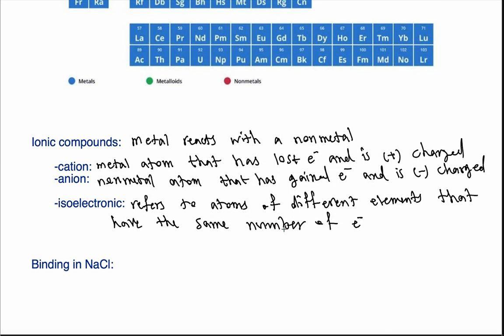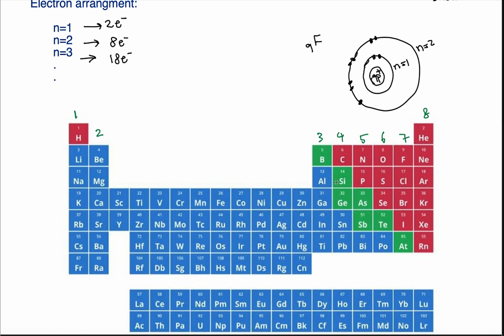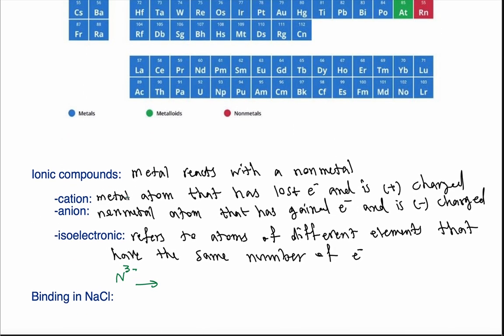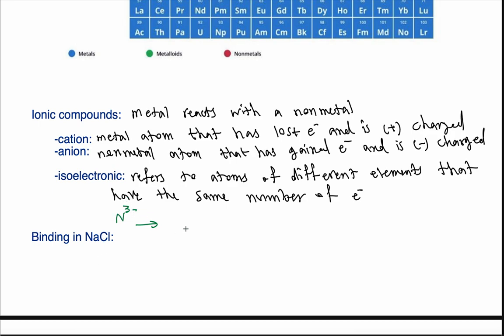And when it gains 3 electrons, it becomes negatively charged. So it becomes N3 minus. So now, after it has gained 3 electrons, it has 7 in the neutral form, plus these 3 additional electrons that it has received, it has a total of 10 electrons.